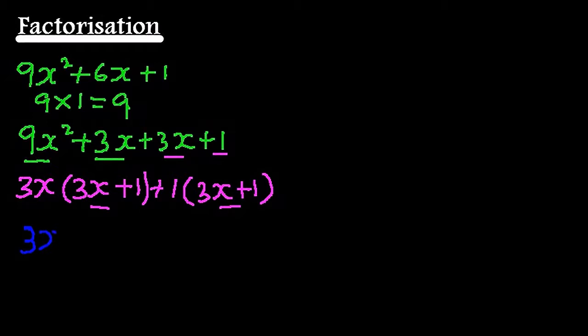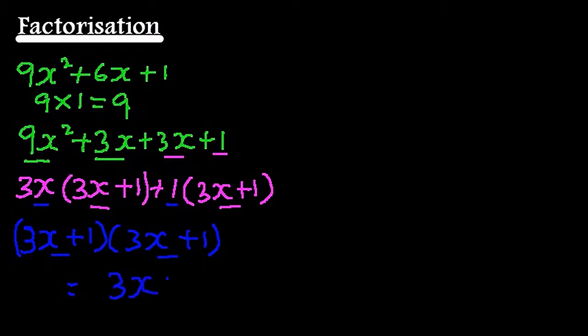We say 3x plus 1 will be left here with 3x and here with 1, so we have 3x plus 1 into bracket 3x plus 1. These are repeated factors, so we can combine them and say this is the same as 3x plus 1 into bracket squared. So that is how you factorize such an expression.